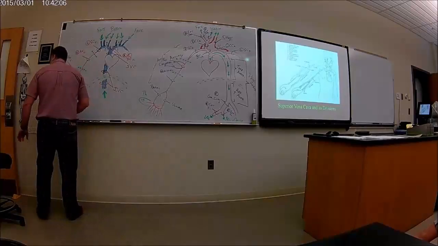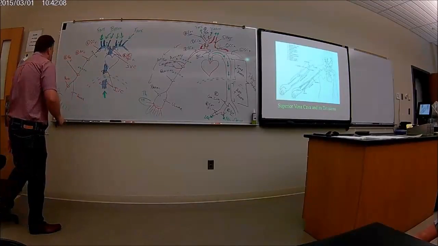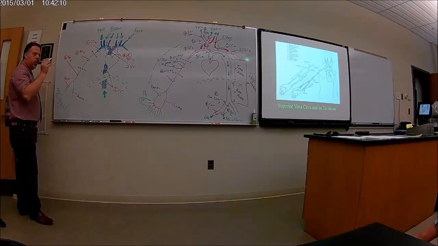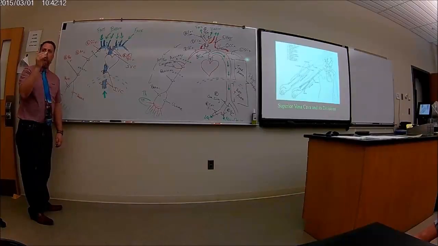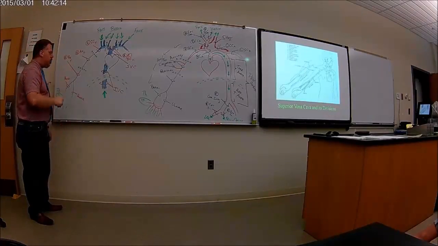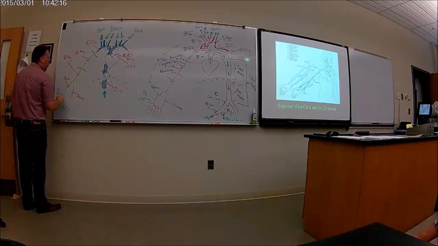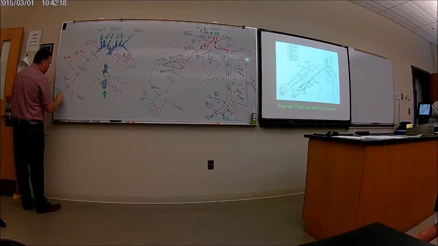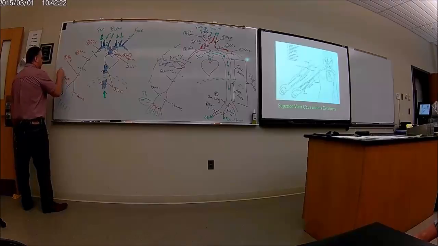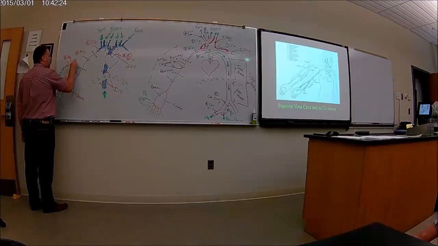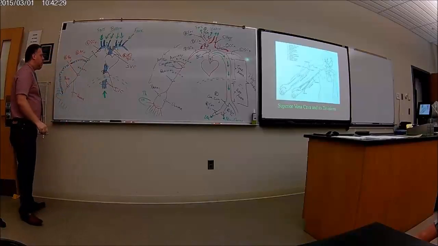Now, we have a couple superficial veins. And I'm going to represent it by a curly Q instead of straight lines. We have one that goes from the lateral wrist, and it kind of goes up here and connects to the axillary vein.